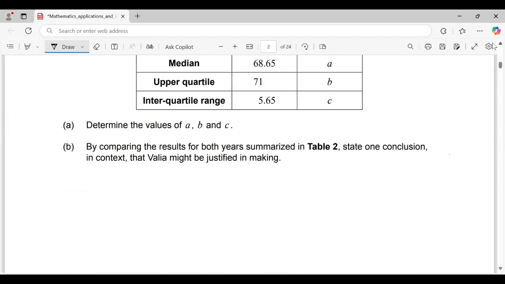Question B. By comparing the results for both years summarized in Table 2, state one conclusion in context that Valia might be justified in making.